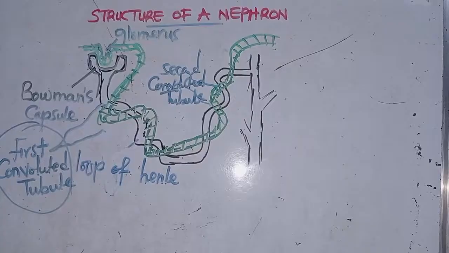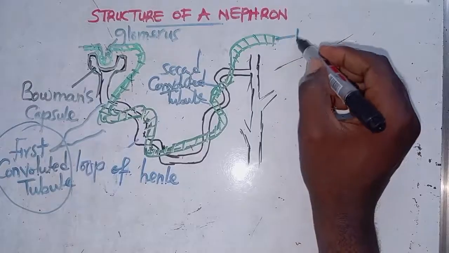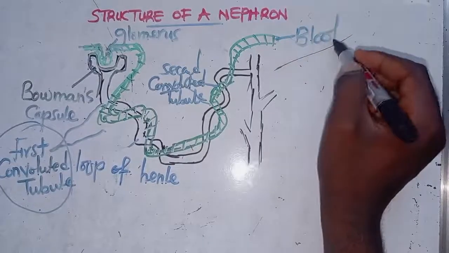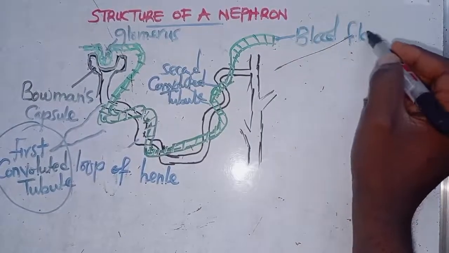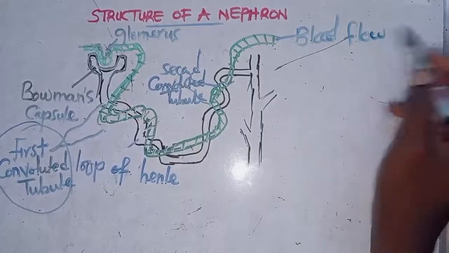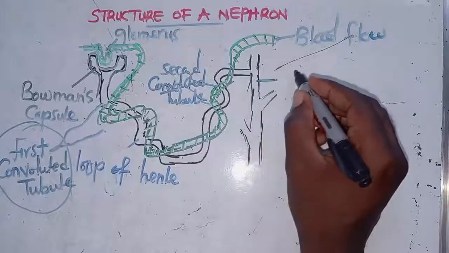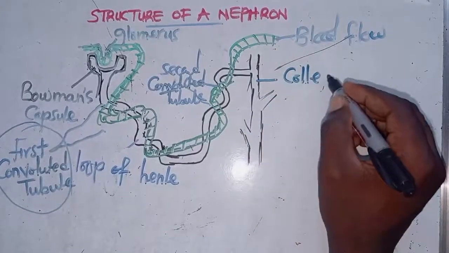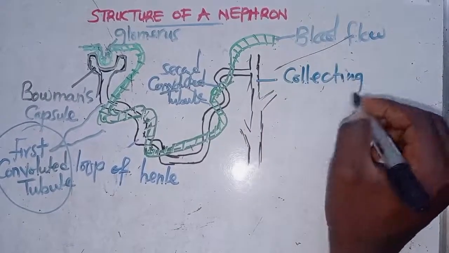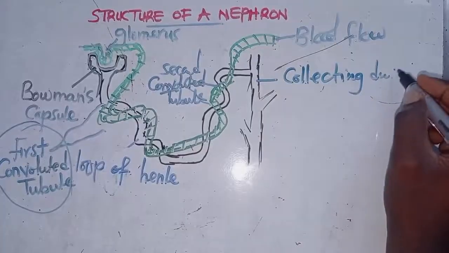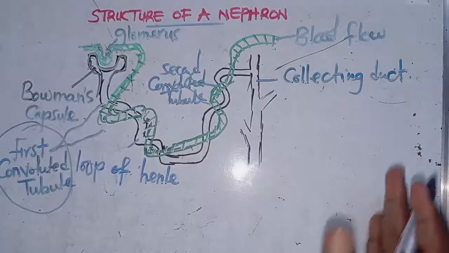Even as you answer questions in an exam, you just need to understand them this way. This is the direction blood flows, the blood flow. Then this one that is here, we call it the collecting duct or tube.